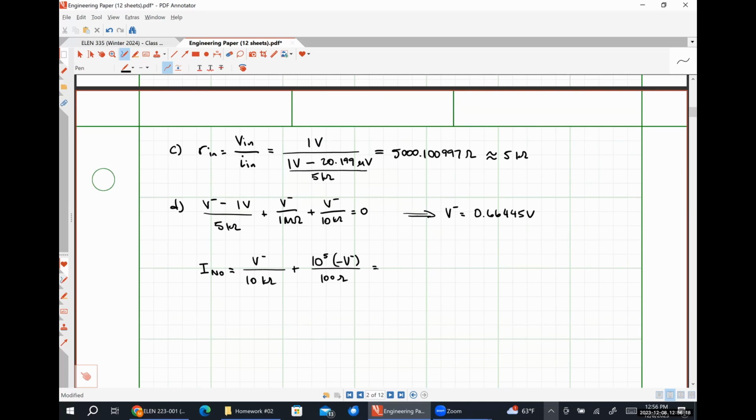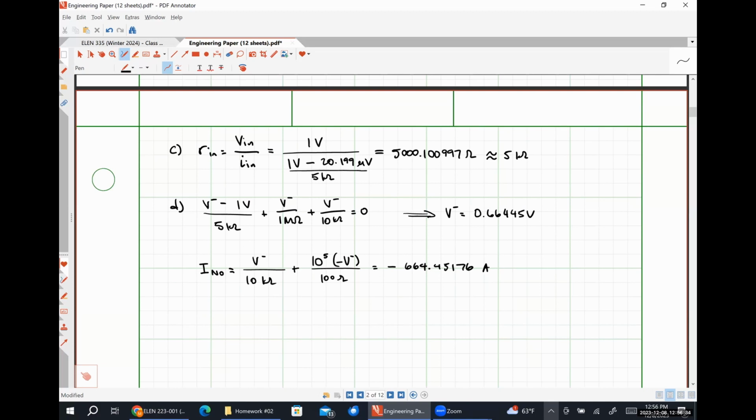And substituting in our value, we wind up getting negative 664.45176 amps.